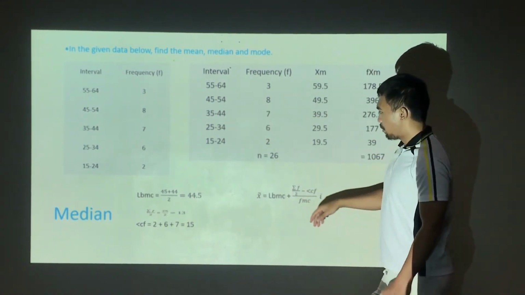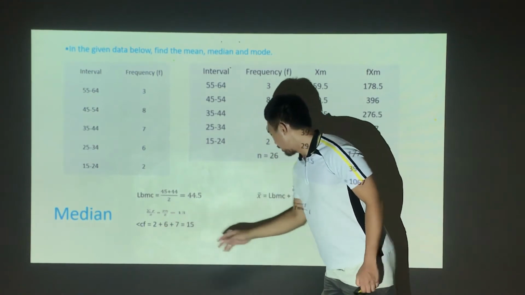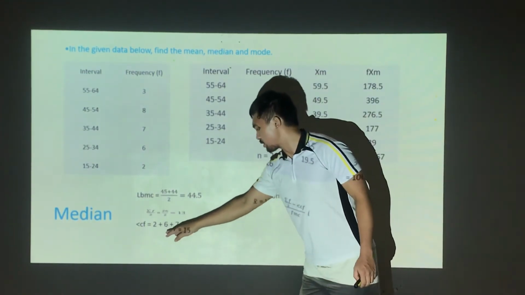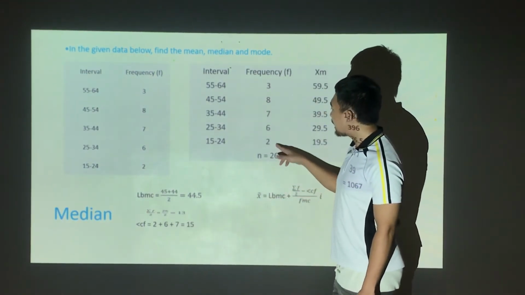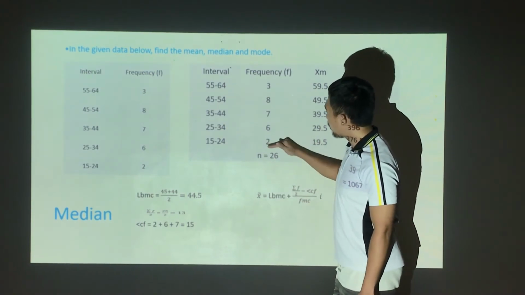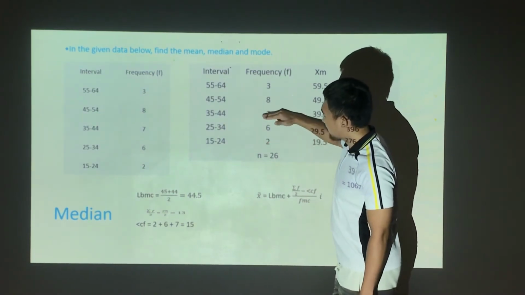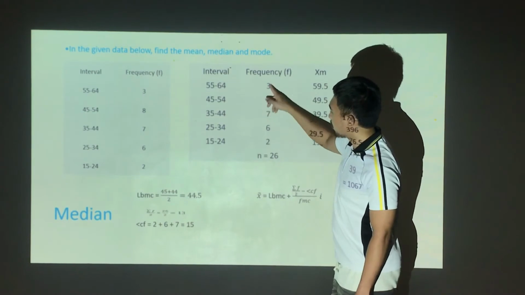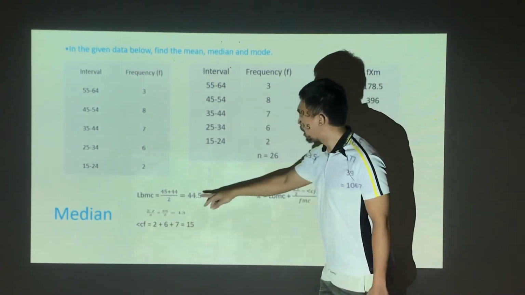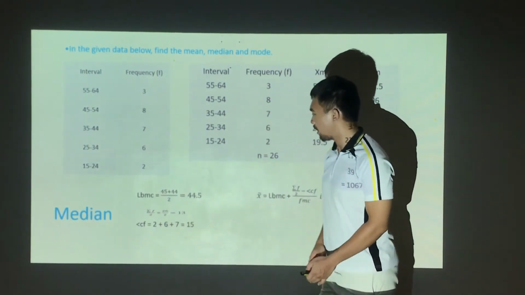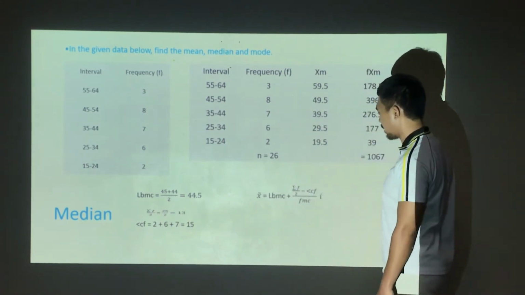In looking for cumulative frequency, we just add up from the lowest to the median of our given data. So that would give us 2 plus 6 plus 7, which equals 15.